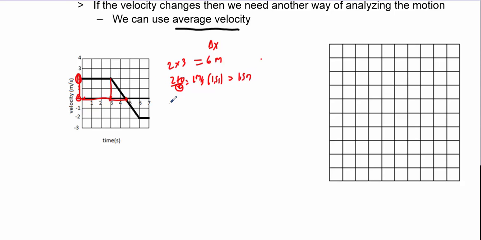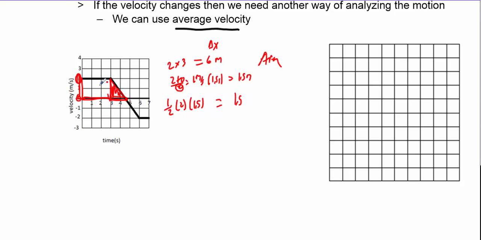I used an average, which means I used half of this height right here. So I used half of 2 times this distance here, that base, 1.5. Well, half base times height is still an area. So this area is 1.5, and so I get the displacement is 1.5 meters, and I did it the same way. It's still the area under the line and the time axis.